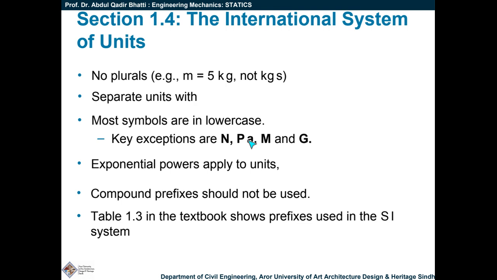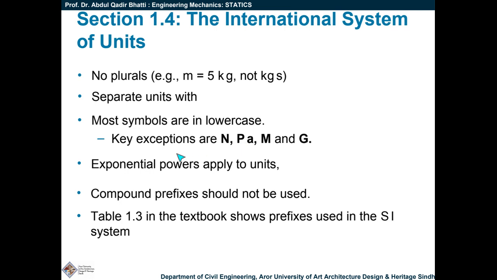What is N here? Newton. Pa, Pascal. And N, mass. G, gram. You can say gram, or giga also. M maybe mega. We can use Pascal.